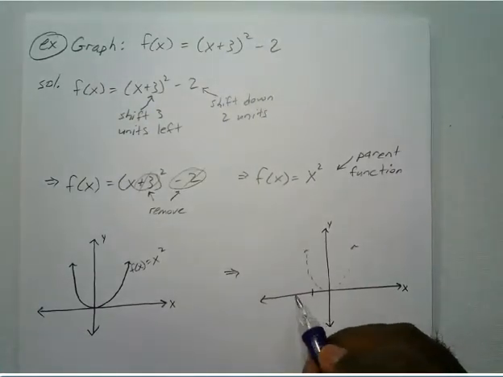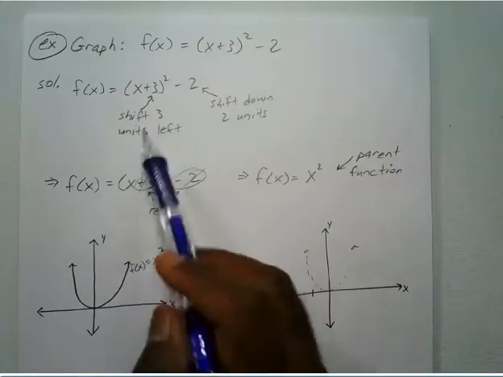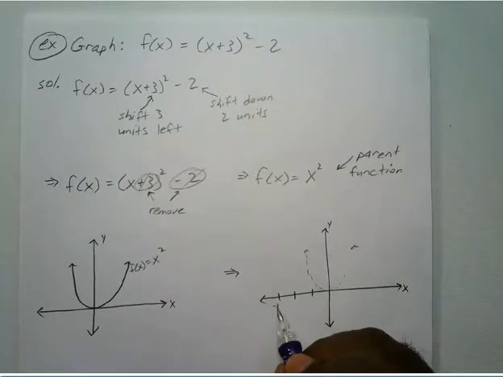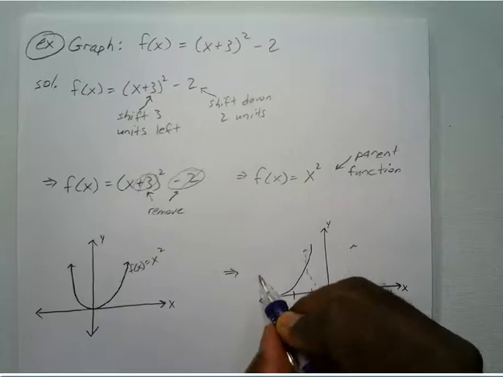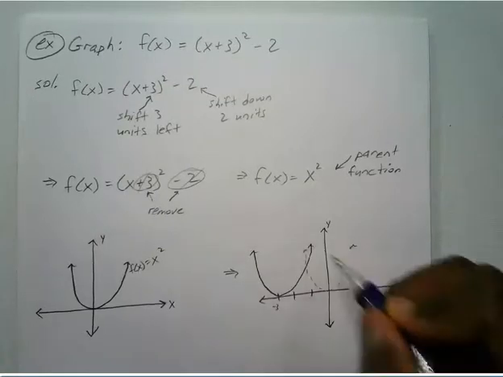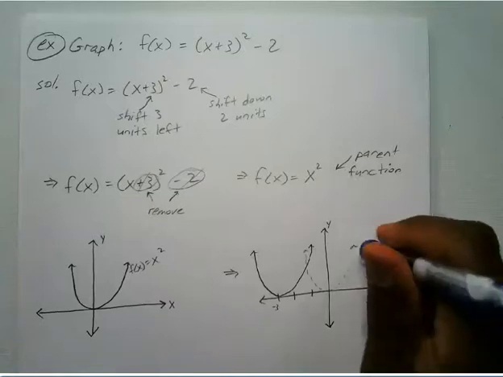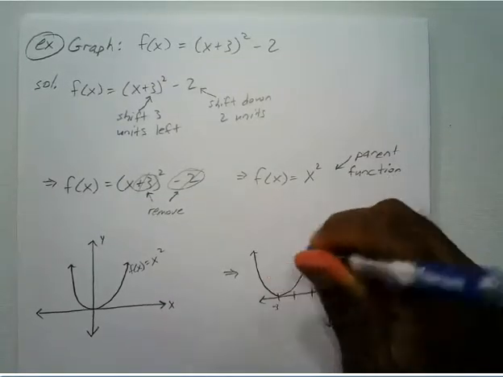This is 1, 2, 3. If we want to shift 3 units to the left, that graph just shifts there. If we want to erase the dotted parent function, you can. That was just a guide.